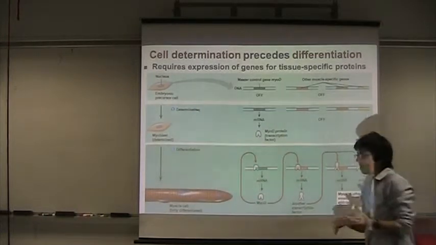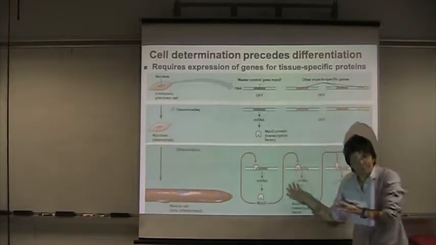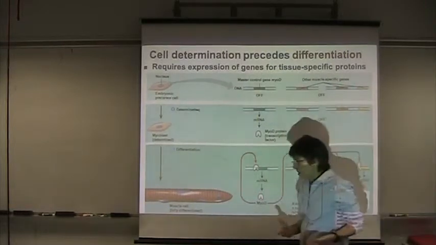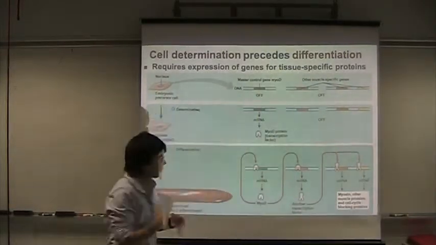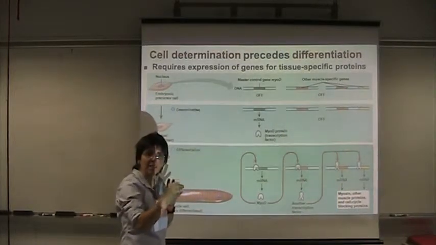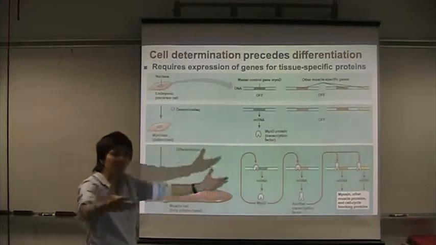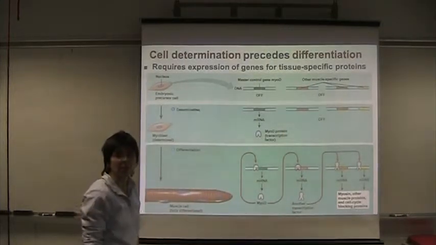How does it work? Well, we already know anterior, posterior. We know that in development, when one cell starts sending signals, it works as a chain reaction and changes the way other cells are going to start working.